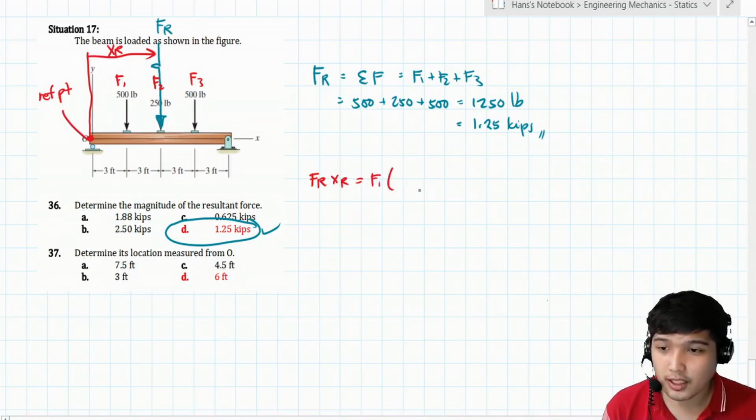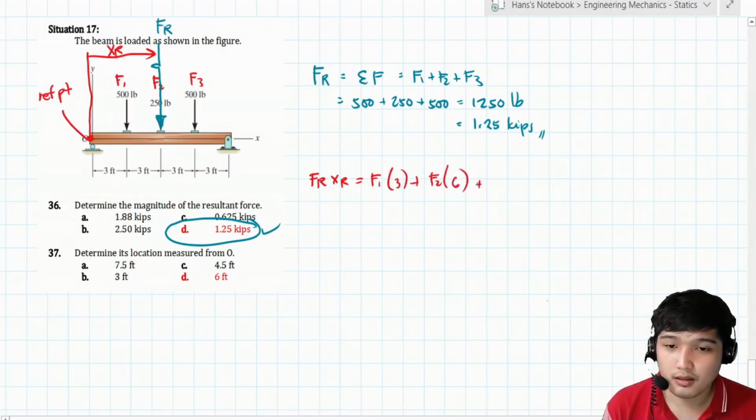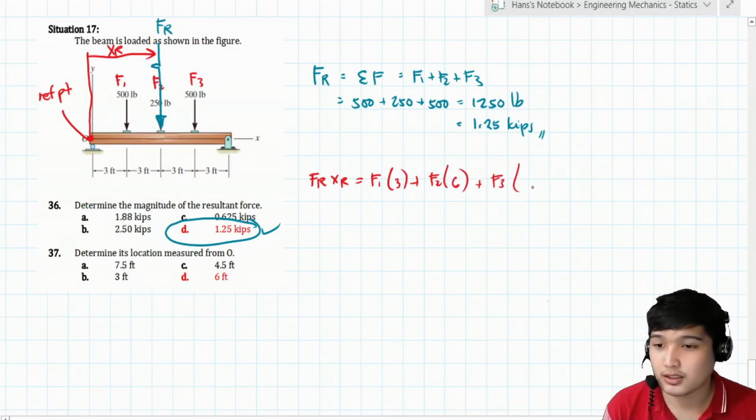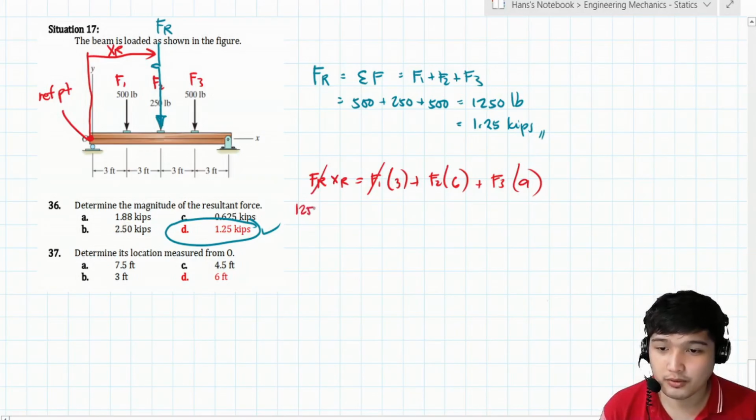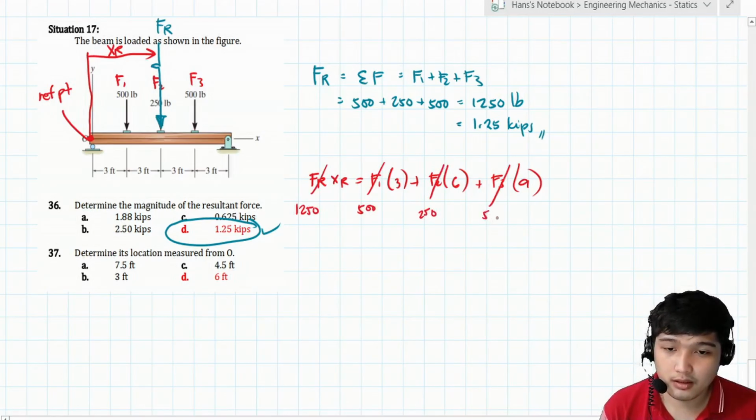So, F1 times distance is 3, plus F2, ang distance niya is 6, plus F3, ang distance neto is 9. And then, saka natin palitan isa-isa. So, this one is 1,250, 500, 250, and then 500.